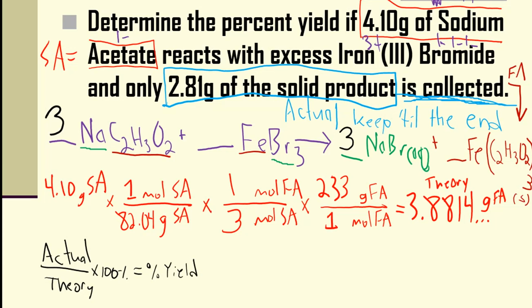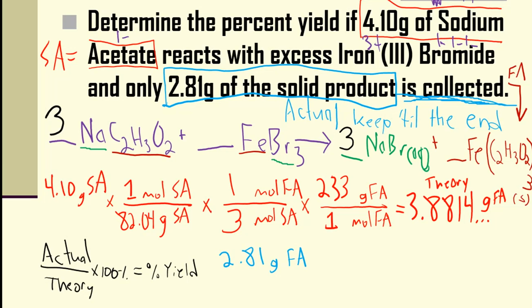So my actual was from the problem that was highlighted in blue, 2.81 grams of my iron 3 acetate, which was my solid product.